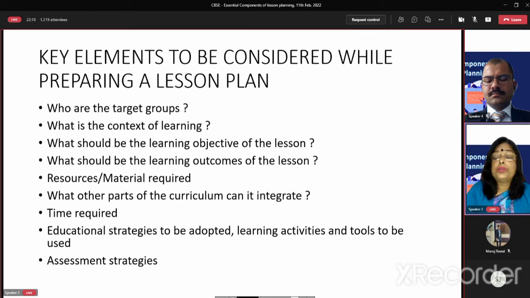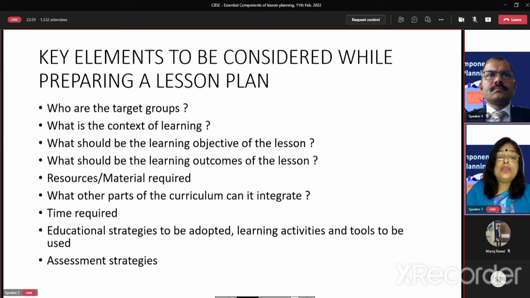How am I going to incorporate them in the lesson plan and make it a success? Then there are portfolios and experiential learning. We'll have to keep these things in mind while designing a lesson plan from the next time.